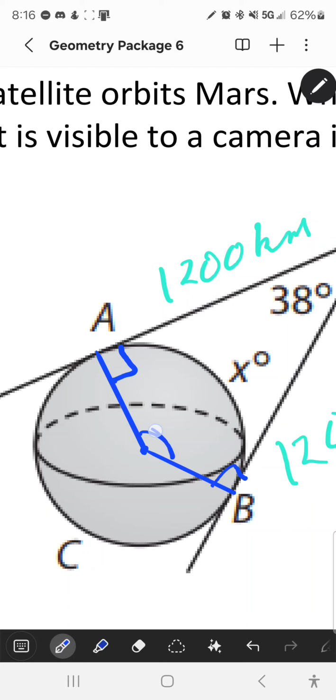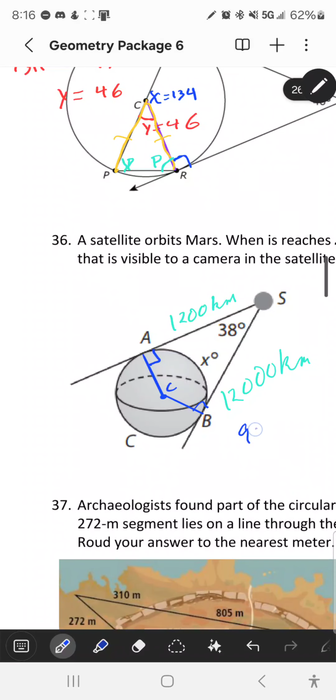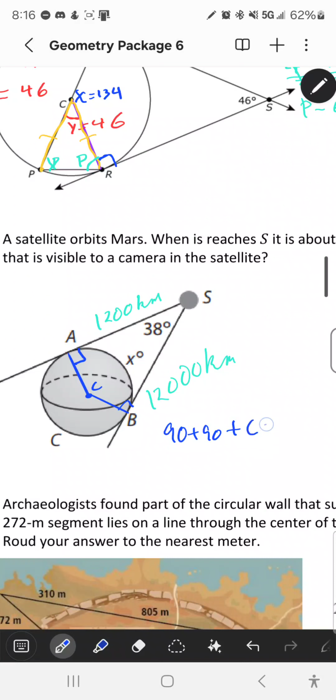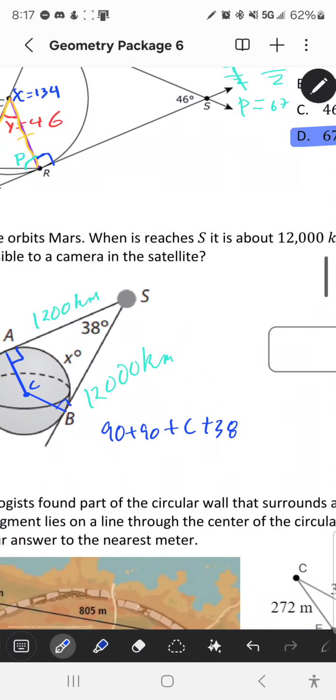So we can solve for this angle. I'm going to call it C. So I can say that 90 plus 90 plus C plus 38 equal 360.